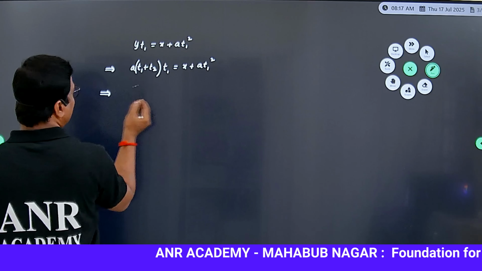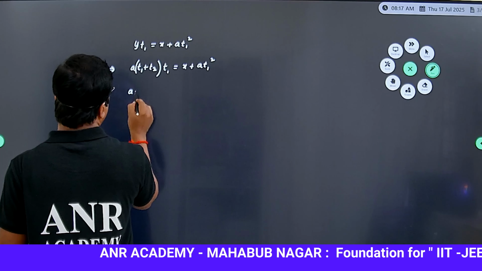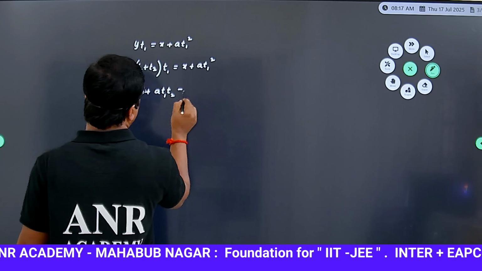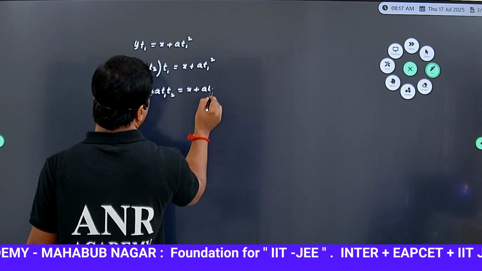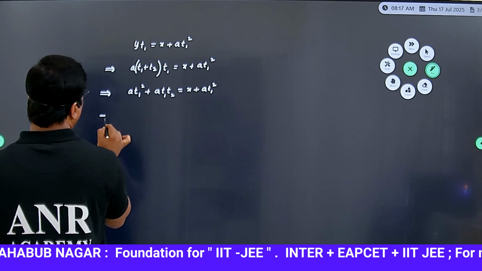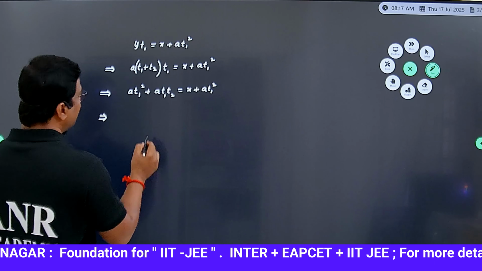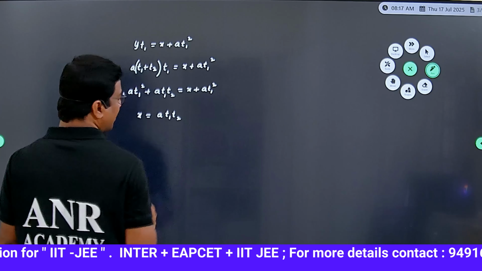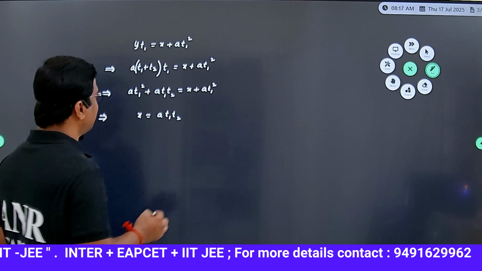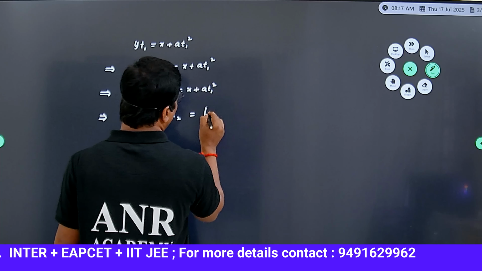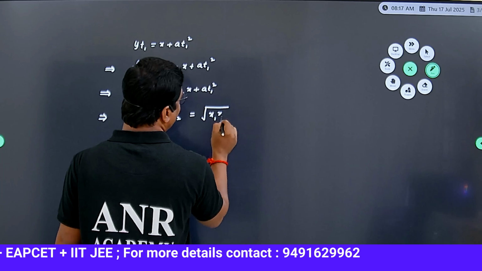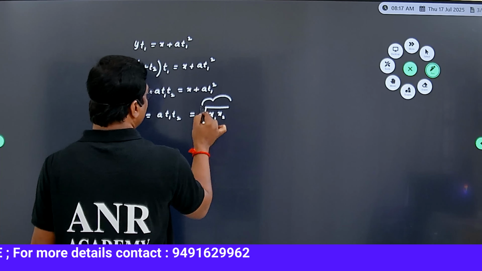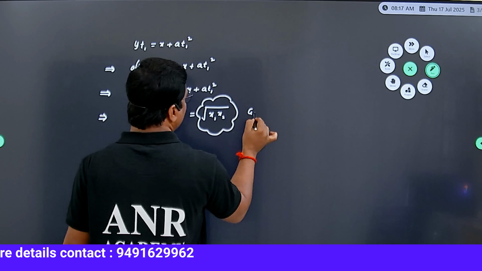Solving this, we get x coordinate. This is at1 square plus at1 t2 equal to x plus at1 square. Neglecting at1 square on both the sides, we get x coordinate, that is a of t1 t2, and this a of t1 t2 is written as geometric mean of x coordinates of capital A and capital B. This is clearly geometric mean.